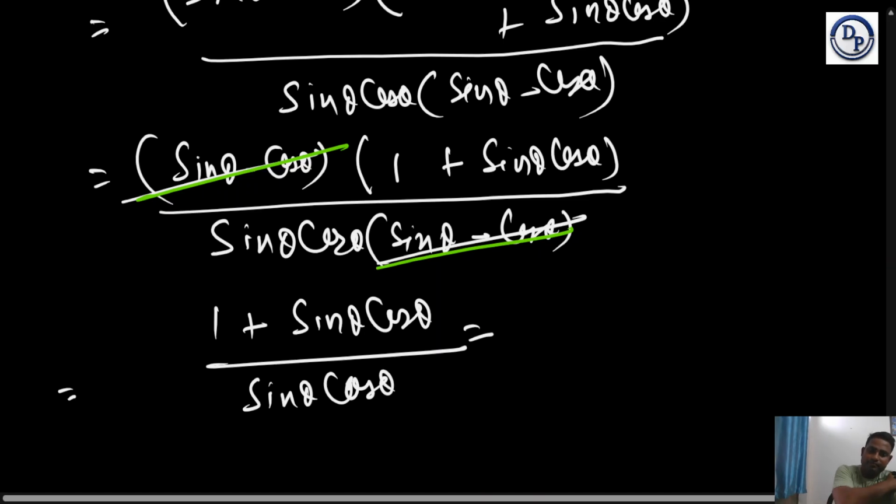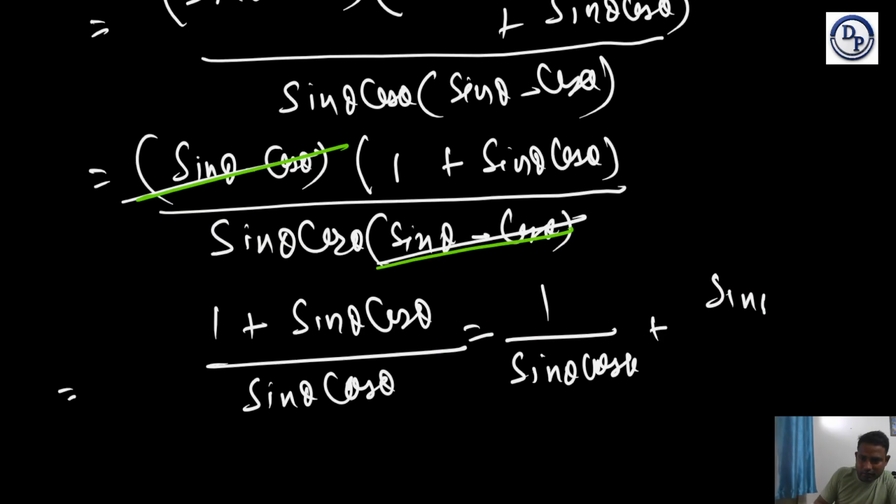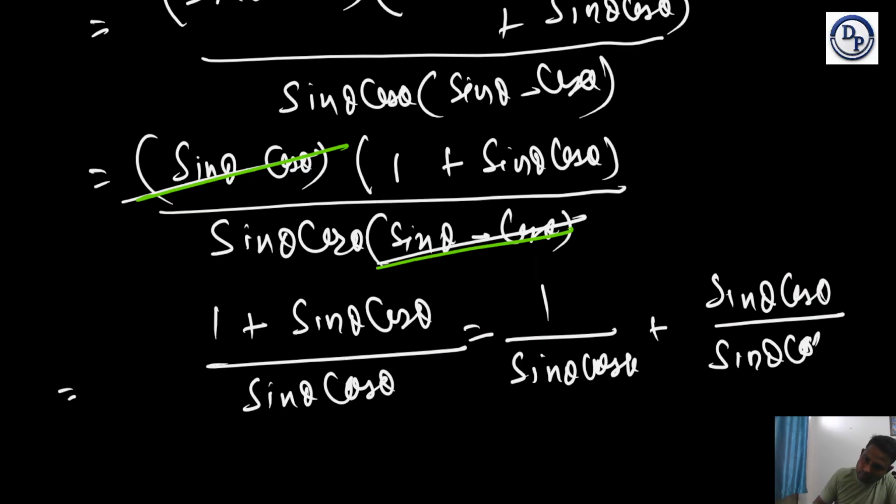So now we can distribute this denominator as well. How can we distribute? We can write this as sin theta and cos theta, and we write sin theta into cos theta divided by sin theta into cos theta. What do we do now?